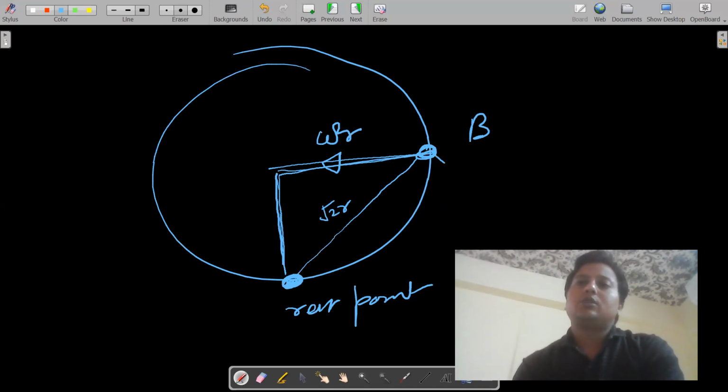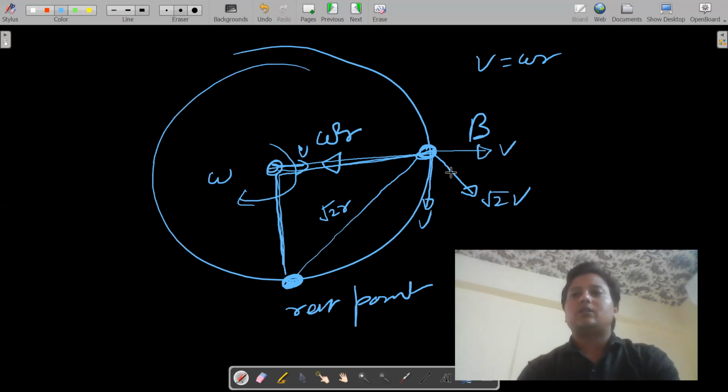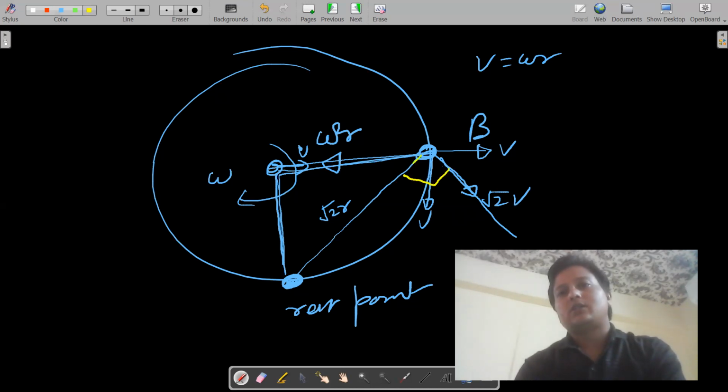The body has a speed v here and v here, because the body is moving with a speed v or u and rotating also with omega, such that v equals omega r for pure rolling. So the resultant speed is root 2 v, and perpendicular to this resultant speed is a line, this one.